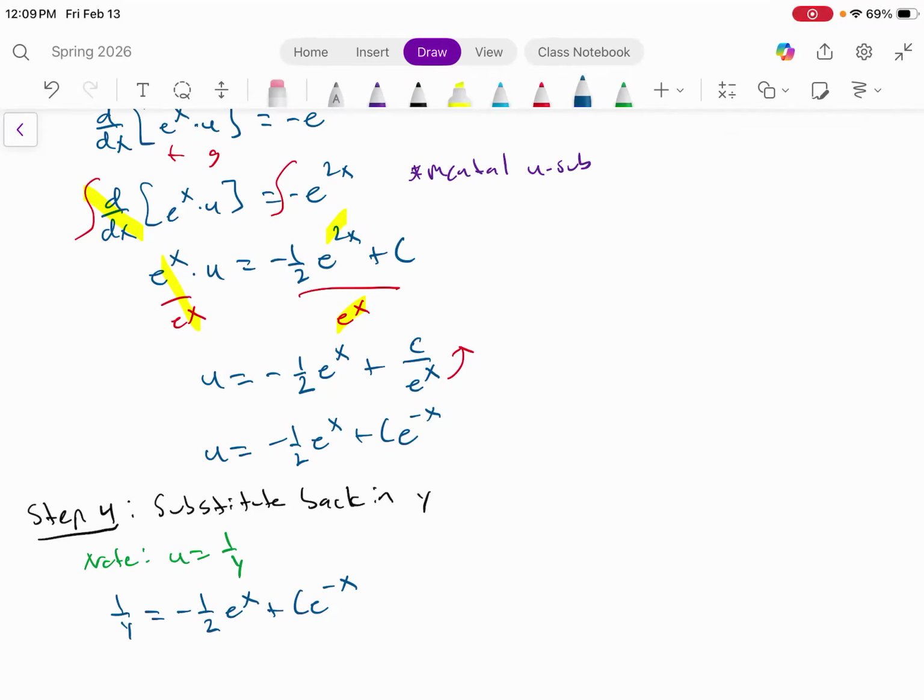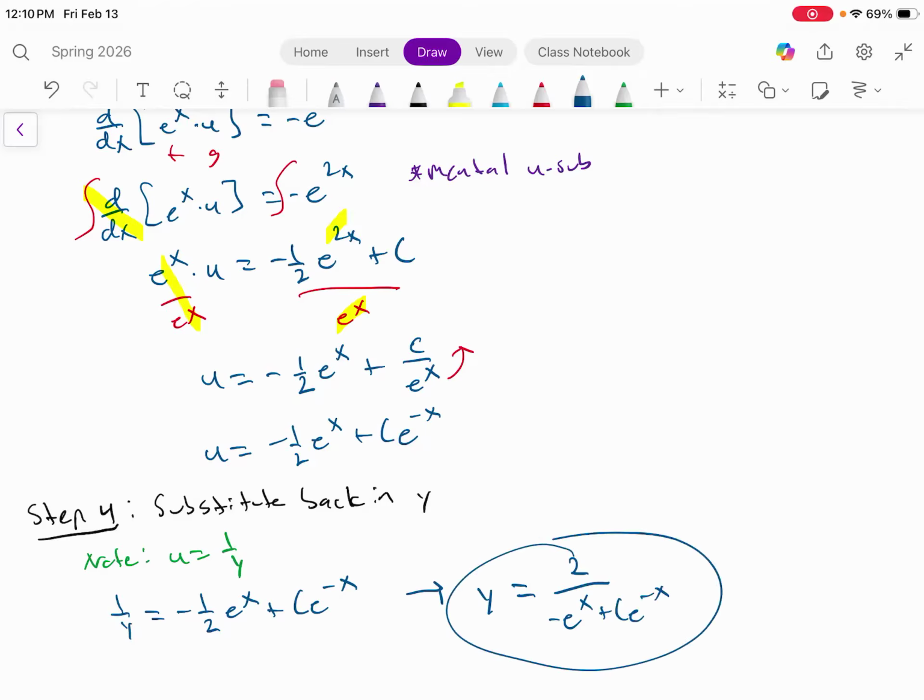And so I want to solve for y, and what I will eventually get through some algebra is y equals 2 over negative e to the x plus c e to the negative x. Okay, so that's just me solving for y, but that is the solution.